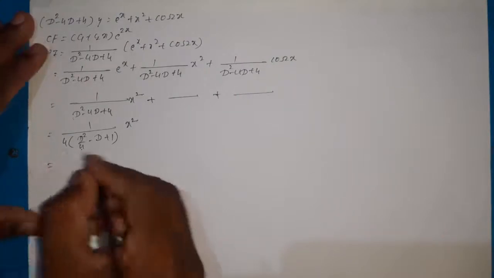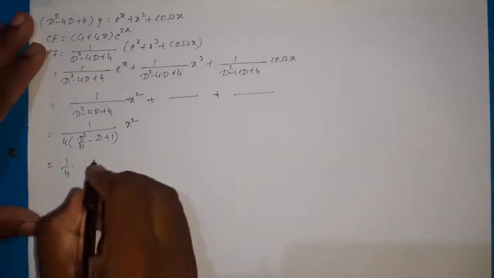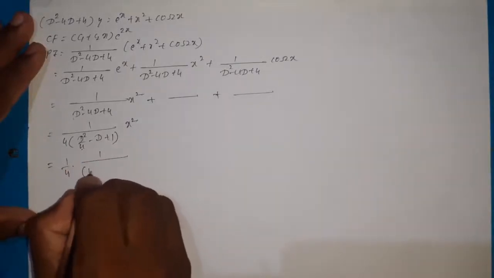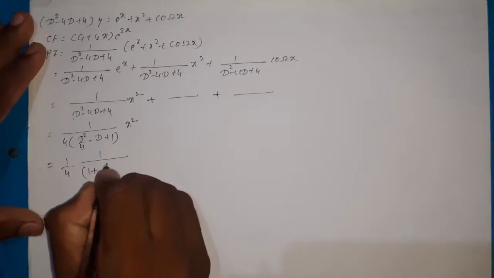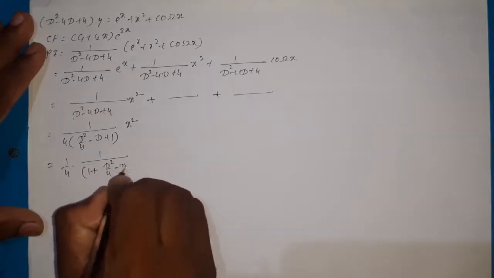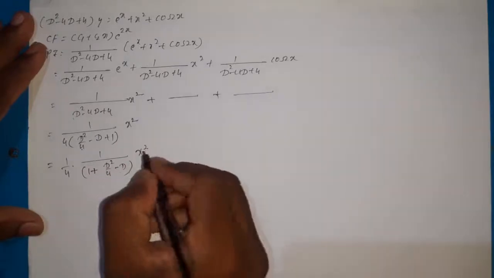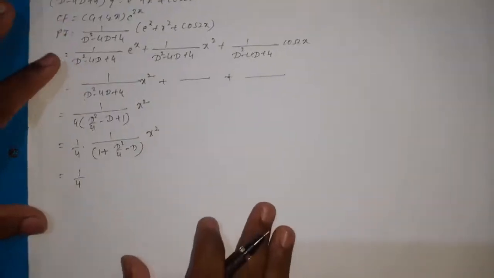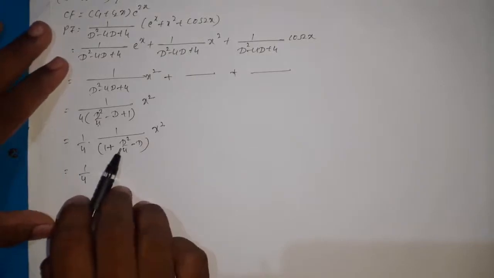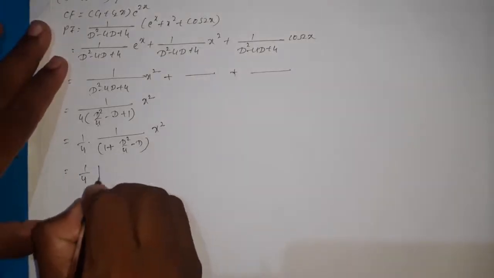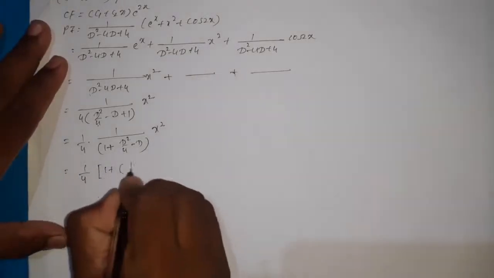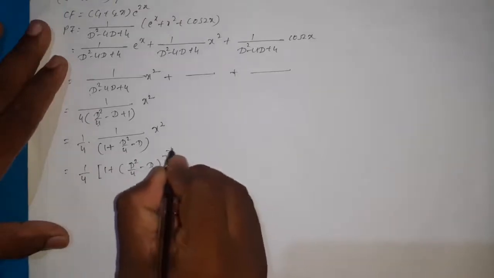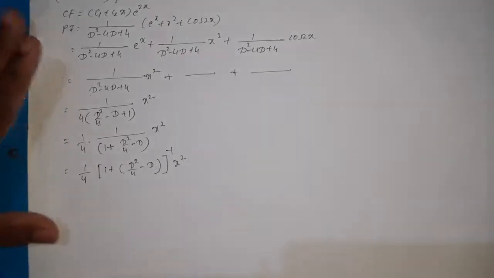So it is equal to 1 by 4 into, let us write this in a systematic manner, 1 plus (D square by 4 minus D) x square. Now let us take this to the numerator, that becomes 1 by 4 into (1 plus (D square by 4 minus D)) whole power minus 1 into x square.